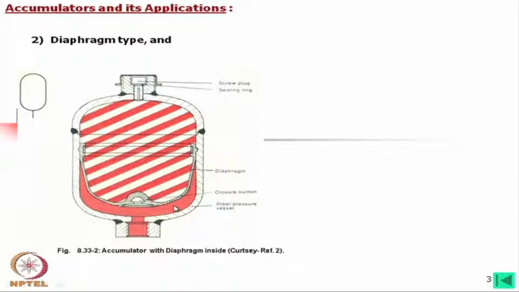Definitely the pressure will vary. That means the pressure of this gas as well as the pressure of this oil will gradually reduce when it is being injected to the system, but obviously the lowest pressure here will be equal to or higher than the pressure required by the system.